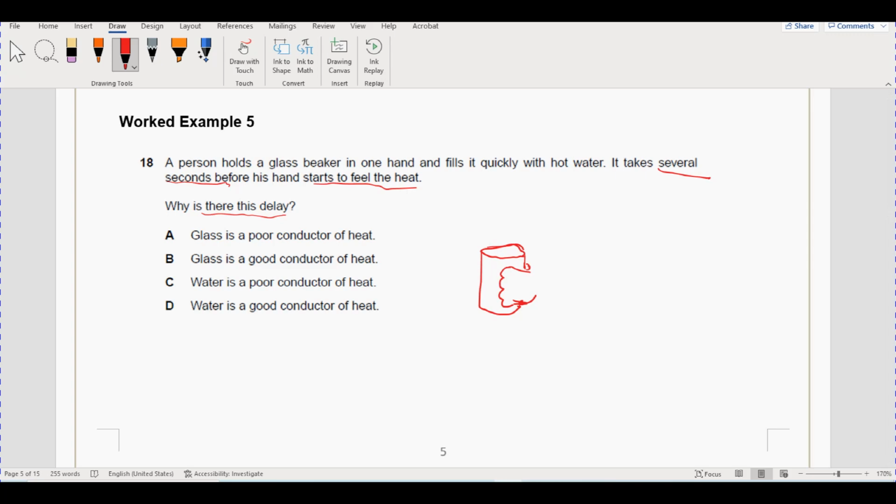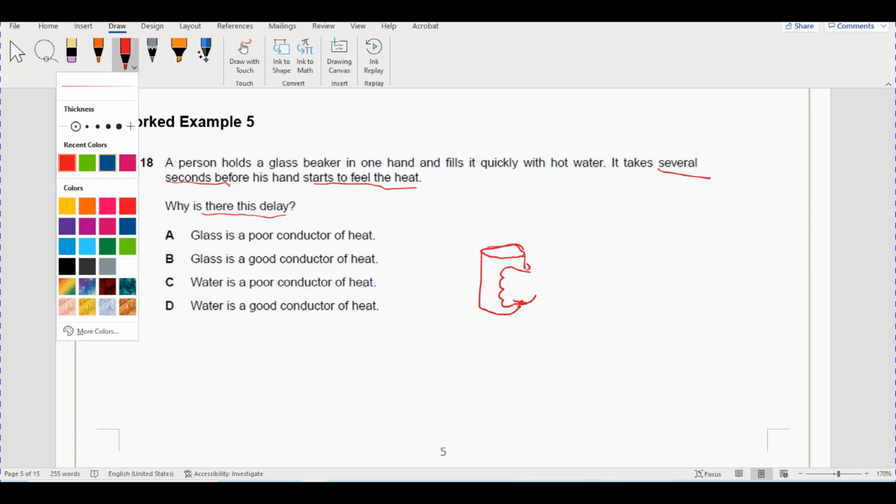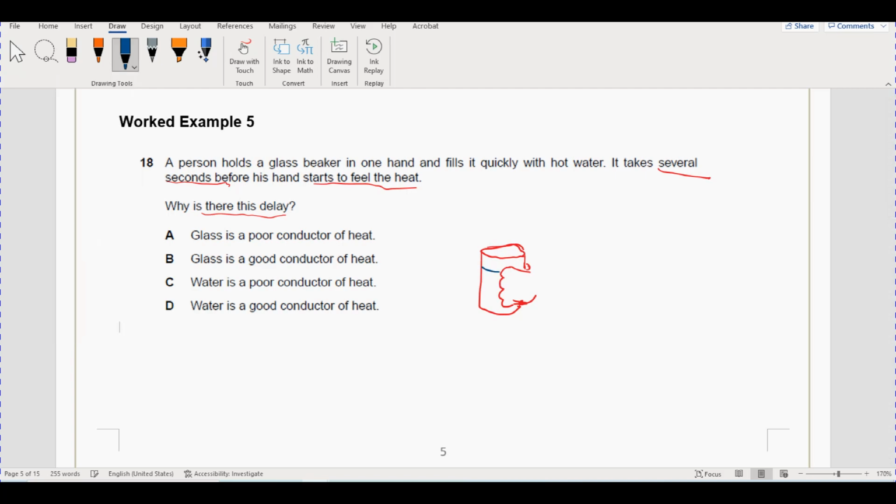So you have water inside, hot water inside. And you have glass between your hand and the water. Why is there a delay? Okay, so water is a poor conductor, or glass is a poor conductor.